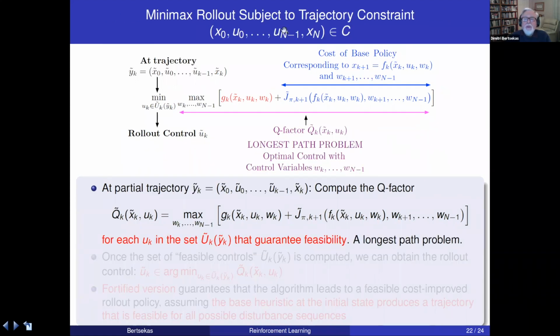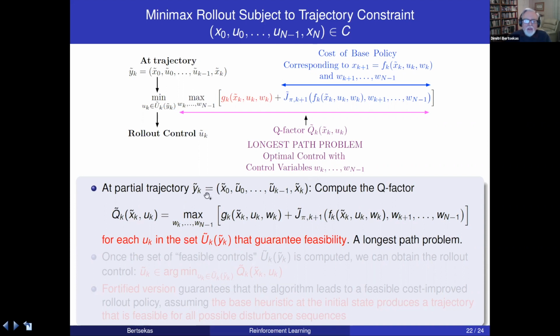Let me say a few things about trajectory constraints, like in constrained rollout for deterministic problems that I talked about earlier. Here we have to consider partial trajectories because the constraint may be coupling the previous applied controls and the future applied controls.